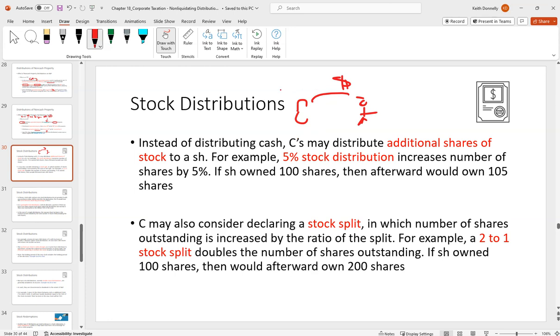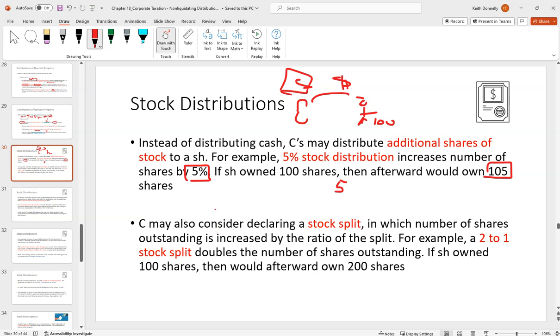One of the things they can do is push out additional shares of stock. For example, a 5% stock distribution increases the number of shares by 5%. So if you owned 100 shares and they say we're going to have a 5% stock distribution, you're going to get 5, and afterwards you'll own 105.